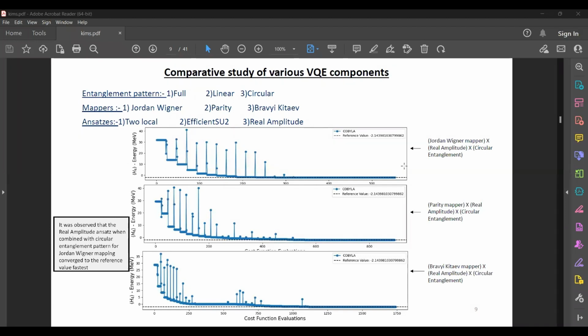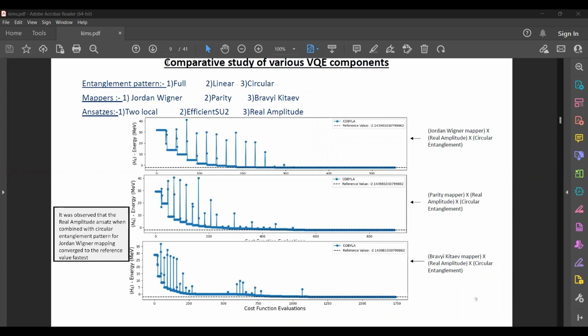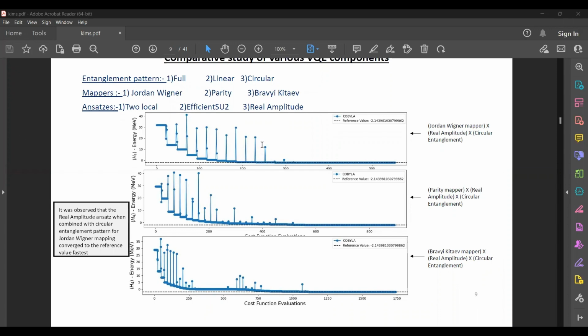And what I found was that Jordan-Wigner, when combined with real amplitudes and circular entanglement, gave us the best result. So our decision of using the Jordan-Wigner mapper previously was a correct decision. This is just a comparative study which I've done.